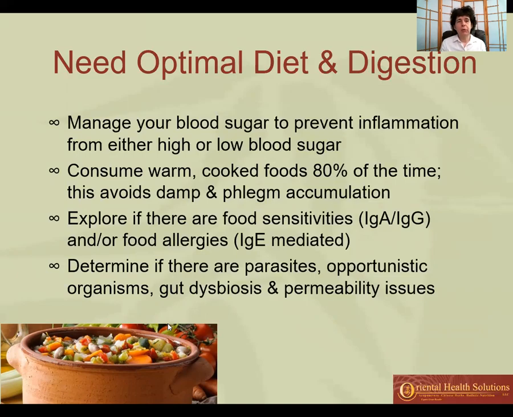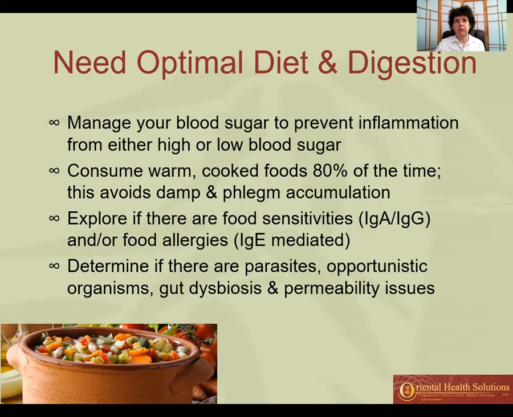You also want to explore whether or not there are food sensitivities or food allergies, true food allergies like IgE mediated. You want to see if there are any parasites, any opportunistic bacteria, whether or not there's gut dysbiosis or some permeability issue or leaky gut problem.